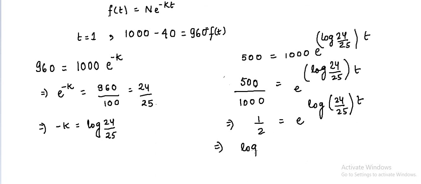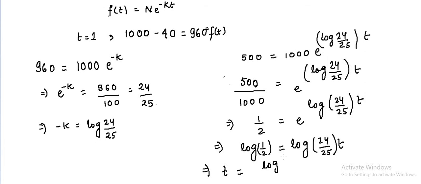This is going to be log of 1 by 2 is equal to log 24 by 25 into t, and log of e is equal to 1, and this was in power, so it got multiplied, so we got this equation. From here, t will be equal to log 1 by 2 by log 24 by 25.